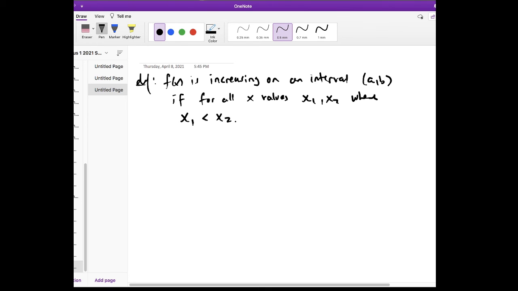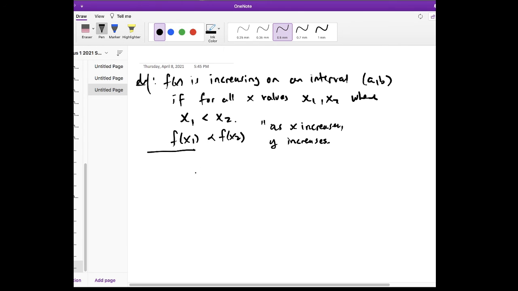So if I look at a smaller x value and a bigger x value, what does that mean about the y values? The y values are also going to be increasing. So in other words, as x increases, y increases.